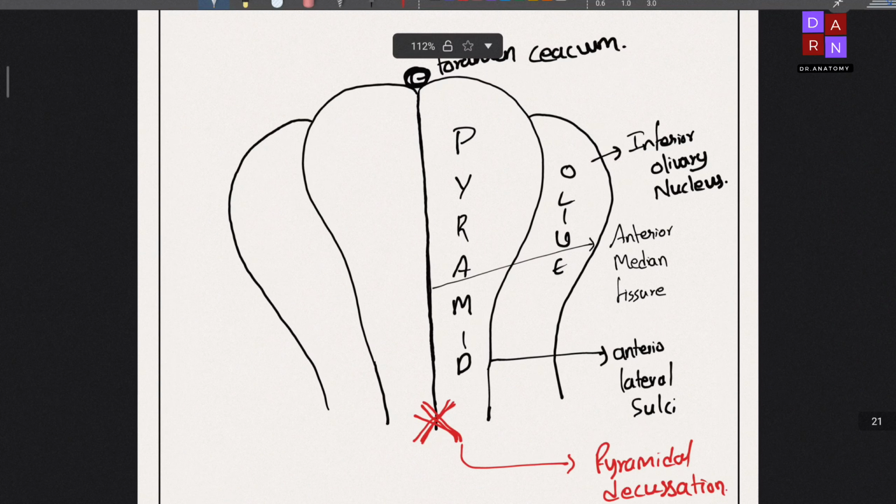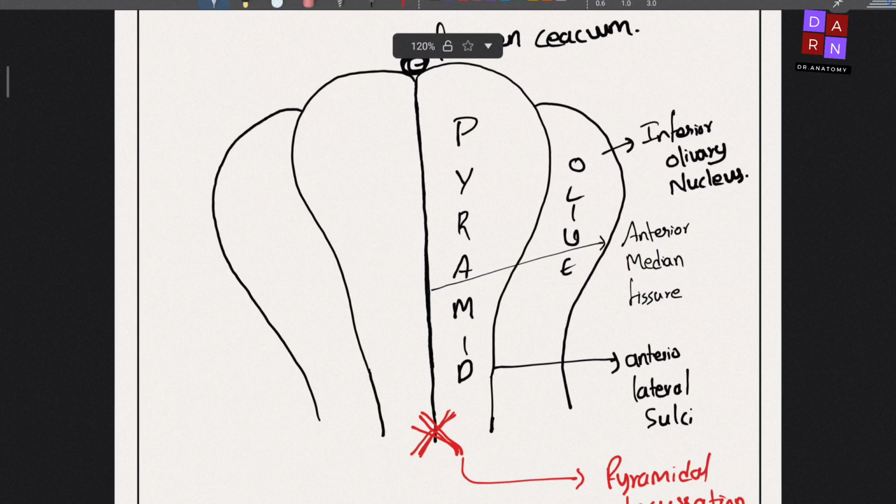The nerves from the anterolateral sulci, nerve rootlets are passing. These nerve rootlets are your hypoglossal nerve rootlets.